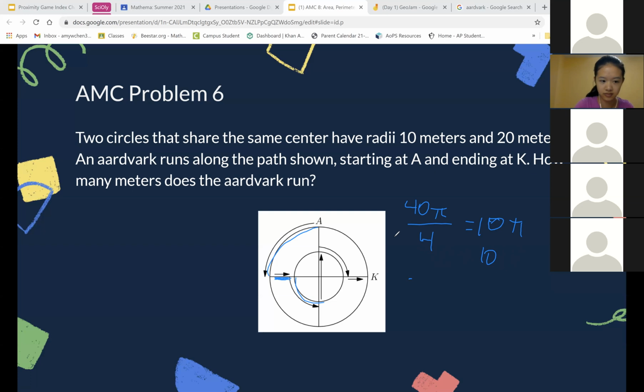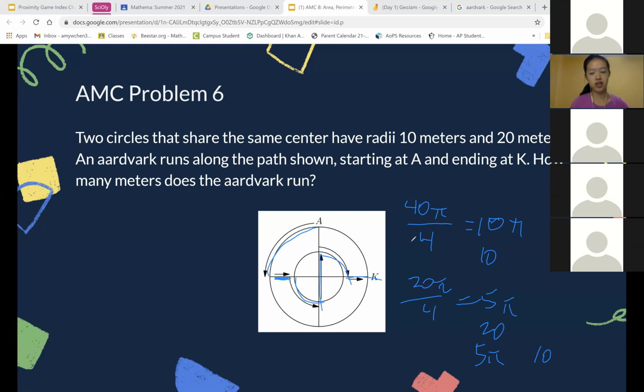So the circumference would be 10 pi, wait, no, it would be 20 pi... no, the circumference is 10 pi and then take a fourth of that, and that's 5 pi. And then you add 20, the diameter, and then you add another 5 pi, and then you add another 10. Yep, that's exactly how you do it.